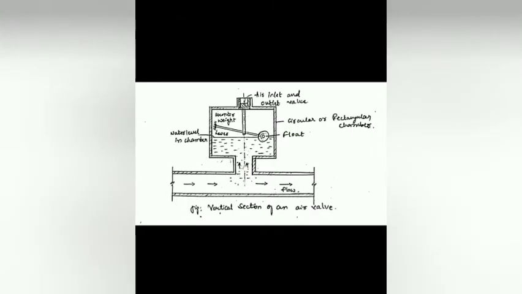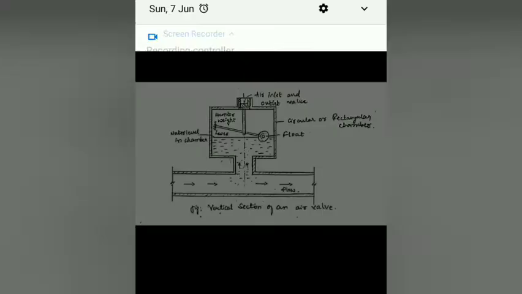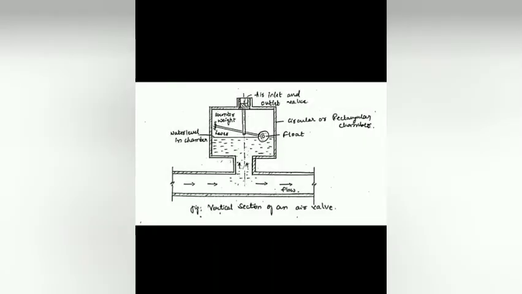So here we can see the simple structure of the air valve. This is the complete pipe section. Here some extra water can enter the pipe. A counterweight is provided, and this is the air inlet and outlet valve. This is a circular or rectangular chamber, and a float is also provided here to maintain the water level in the chamber.